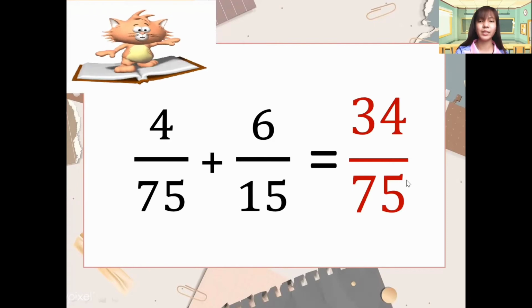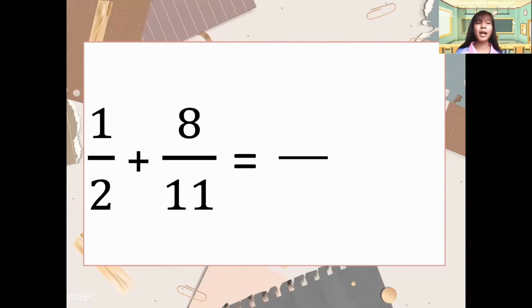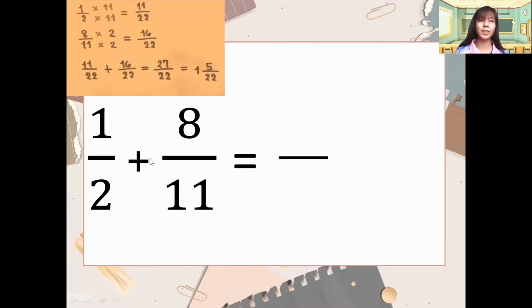Okay, 34 over 75. Next, we have 1/2 plus 8/11. So again, different denominators. Our goal is to make these fractions have the same denominator. So this is the process, guys.